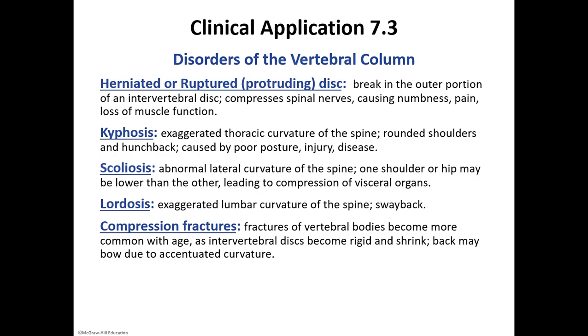And compression fractures. I think you guys all know what squats are. You load up a bar, put it on your shoulders, and squat with it. Well, imagine loading up a bar with like 600 pounds and doing squats with it. You can actually create so much compression, downward force on the vertebral column, that you can compress the end plates of the vertebra and they fracture.